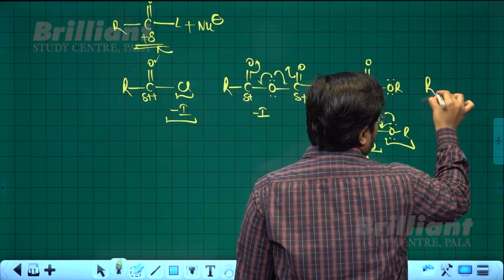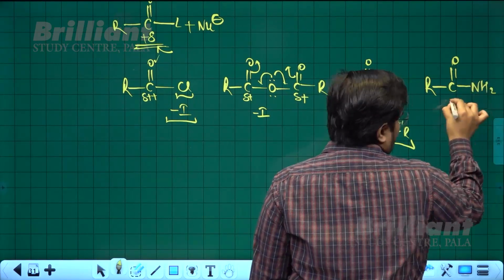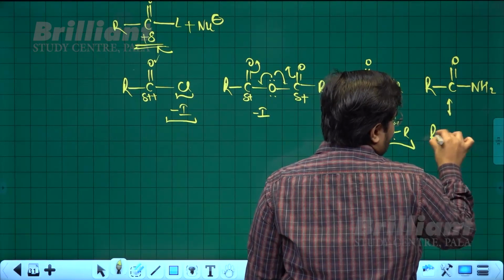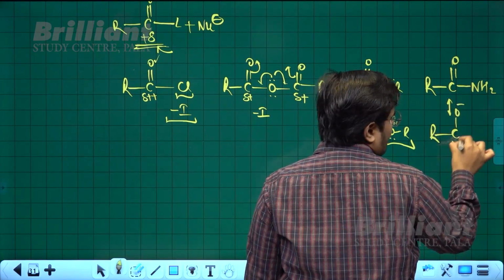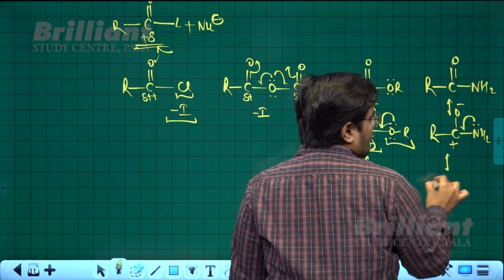And the same happens in the case of amide. Again, the oxygen will polarize the bonds toward itself, creating a positive charge, which will be diminished by the electron donation of NH2.